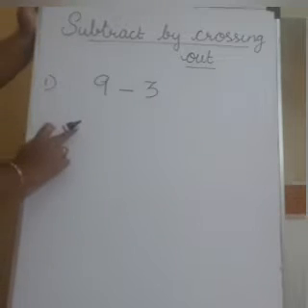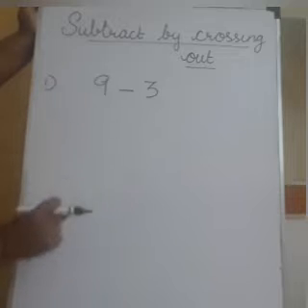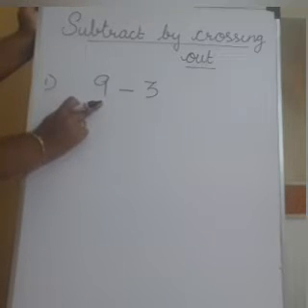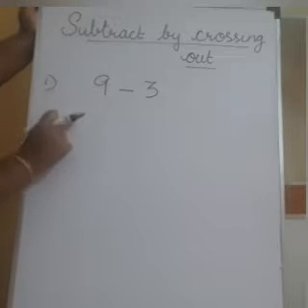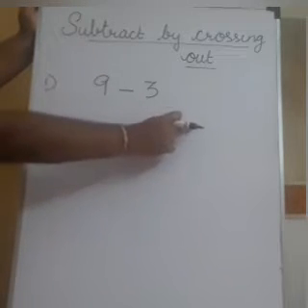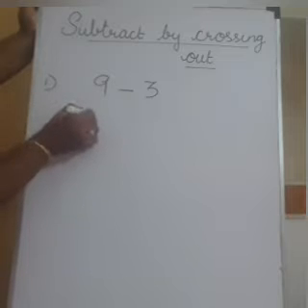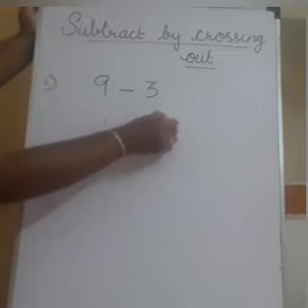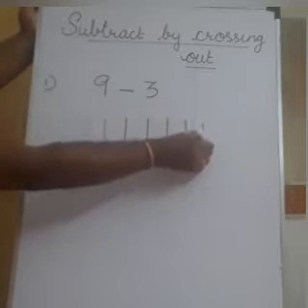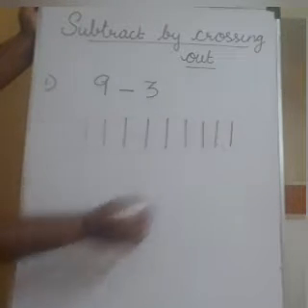So, we can draw 9 lines here, because the first number is 9. 1, 2, 3, 4, 5, 6, 7, 8, 9.